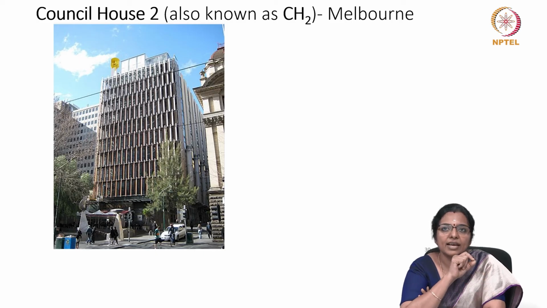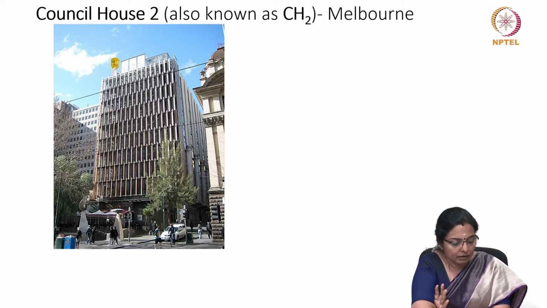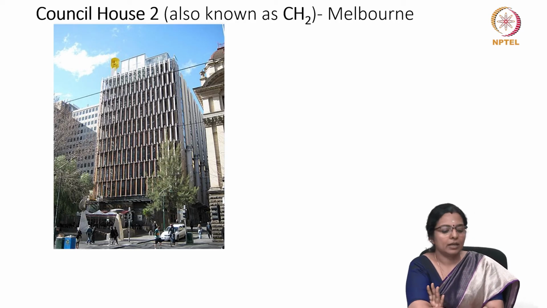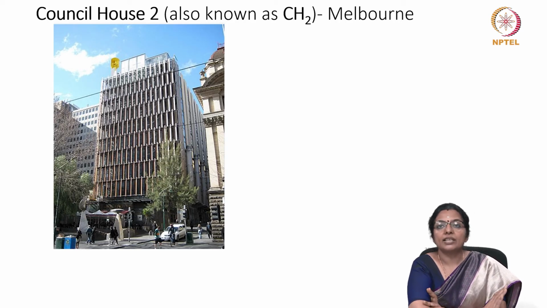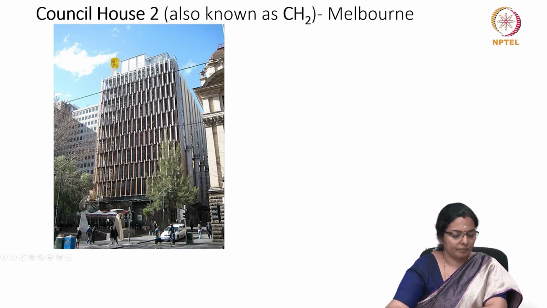So it is expected that this building will reduce its electricity consumption by a minimum of 85%, and it will definitely contribute towards a sustainable environment by reducing its operating emissions. It is also known as CH2, and it is located in Melbourne.